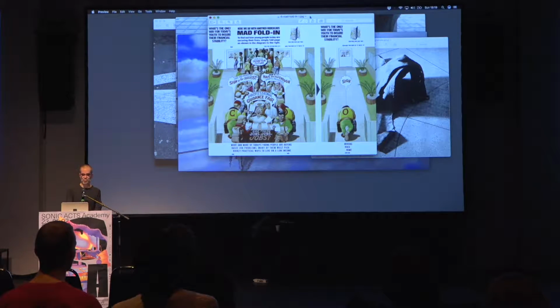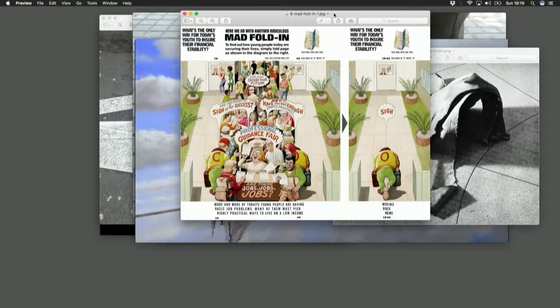I don't know if you're familiar with Al Jaffee's fold-ins. This is a regular feature on the inside back cover of Mad Magazine since 1964. Almost every issue of Mad Magazine has had one of these fold-ins, as he calls them. So fold-ins require this process.